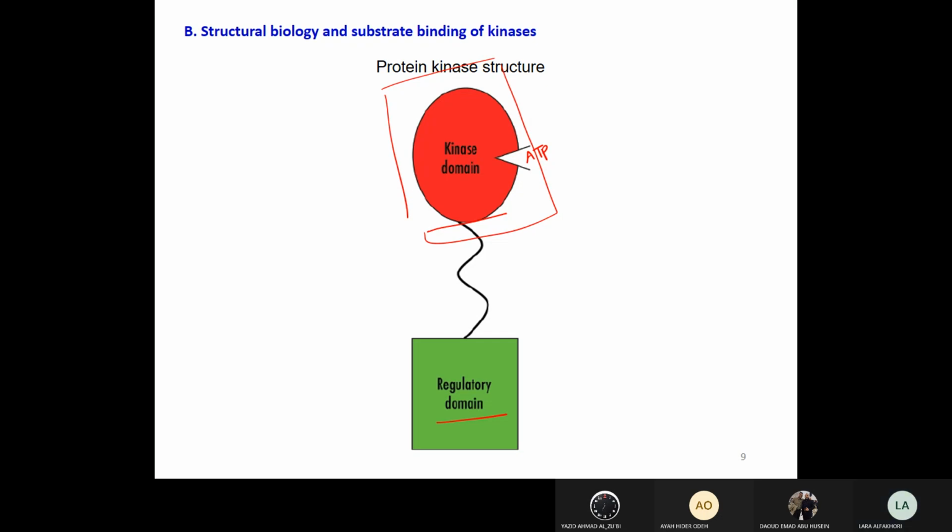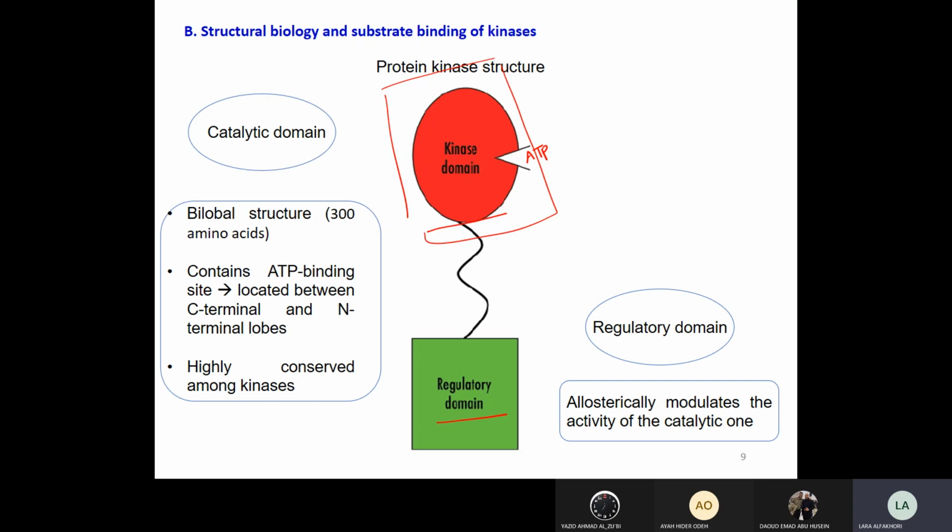Hopefully at the end you will reach a stage where, just by seeing a crystal structure of a kinase, you can recognize it as a kinase even if that information was not given to you, because they have high similarity in structure in terms of the N loop, the C loop and so on. Most of the catalytic domain is composed of almost 300 amino acids.